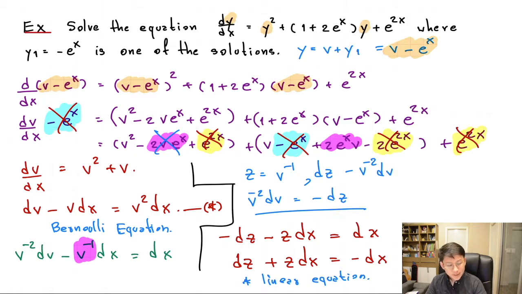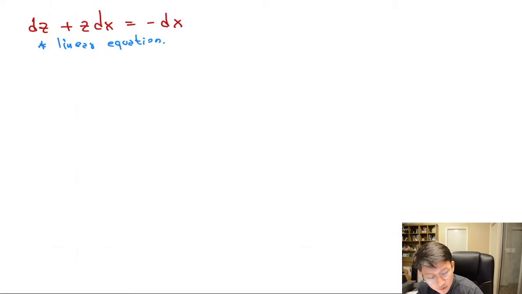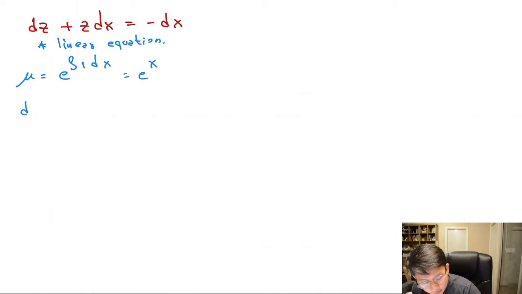And then what's next? I'll solve this. How? I introduce an integrating factor, right? Which is e to the integral of 1 dx, which is e to the x. And I know that d mu is actually e to the integral of 1 dx, which is mu dx.